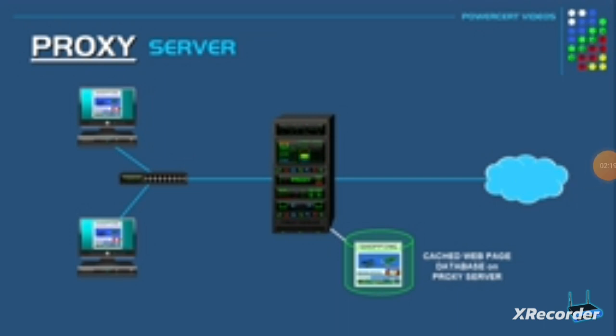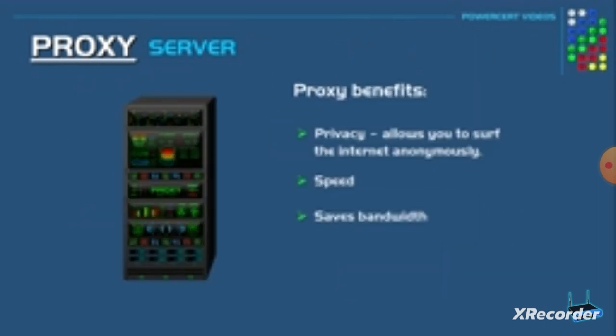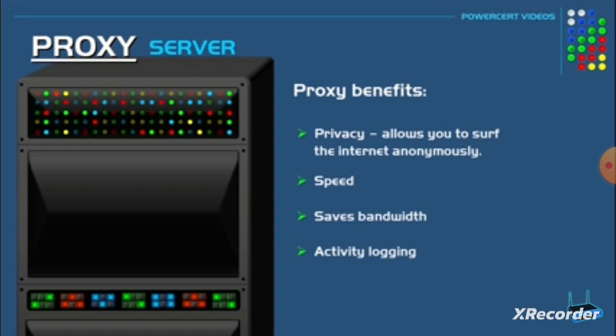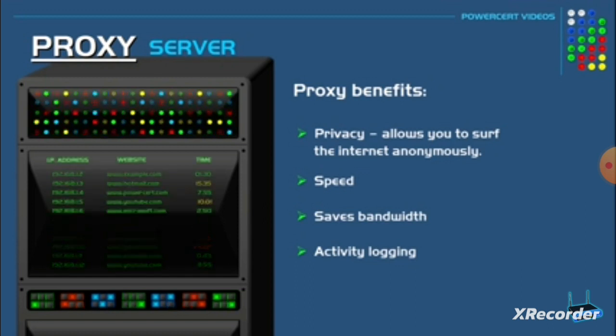And another benefit of this is that it saves bandwidth, because a proxy server reduces the need to go out on the internet to retrieve data, because it already has that data stored in its database. And another benefit of a proxy is activity logging. Now, a lot of companies will use a proxy to keep track of what websites their employees are looking at.